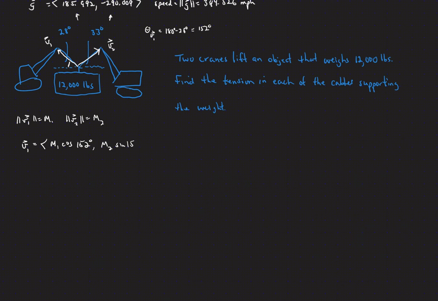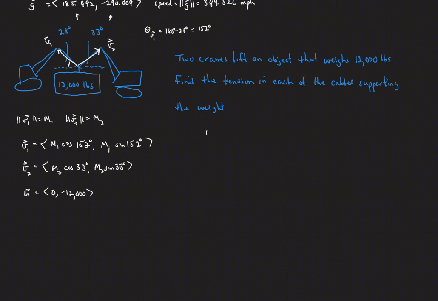And so that will make its components be M1 cosine 152 and, whoops, I wrote M2, it should be M1 sine of 152. And vector 2 in component form is going to be M2 cosine of 33 and M2 sine of 33. And our weight vector is going to be 0 and then a negative 12,000 because that's all going down.